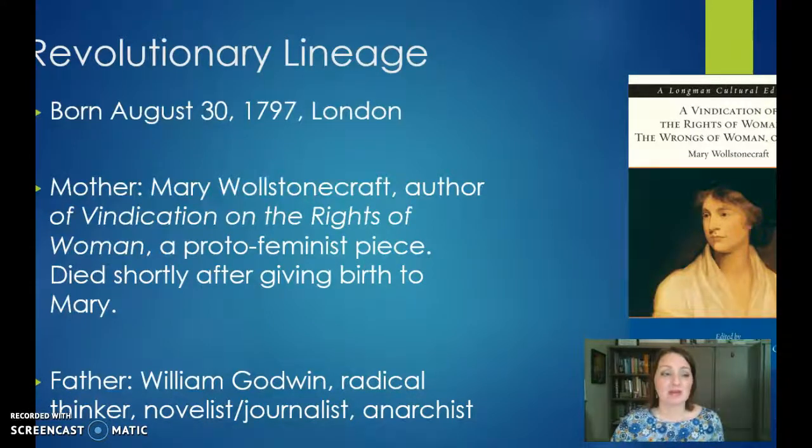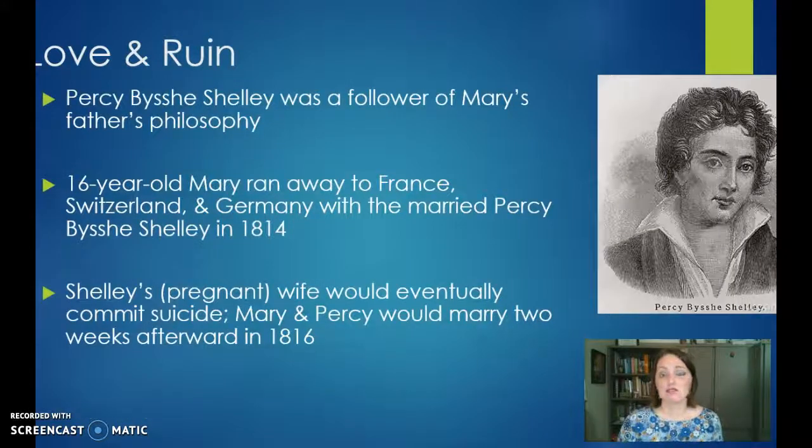So she was from a very free-spirited family that encouraged critical thinking and encouraged independence and was somewhat outside of the social norms of that time. When Mary was about 16, she fell in love with a man named Percy Bysshe Shelley, and he was married at that point and was older than she was, and they had a dramatic love affair, and they ended up being together, but in the interim, Percy's wife, who was pregnant, committed suicide.